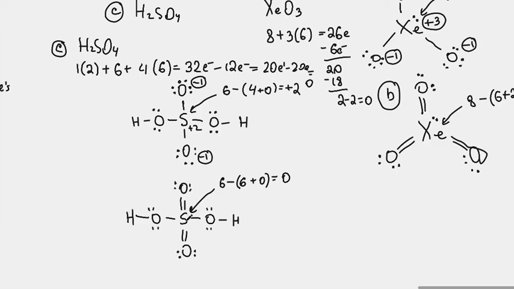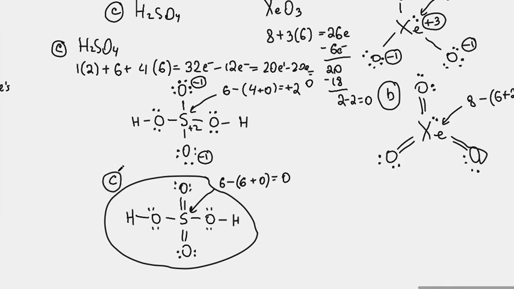And just to reiterate, first you would figure out that sulfur is in period 3 or lower, in this case period 3, so it can have an expanded octet. When we calculated the formal charge, it had a formal charge, so we gave it extra double bonds to make everyone happy, and now my molecule has no formal charges, so that must be the correct molecule for C.